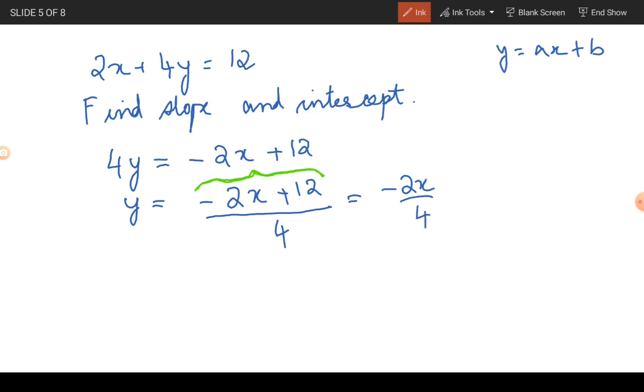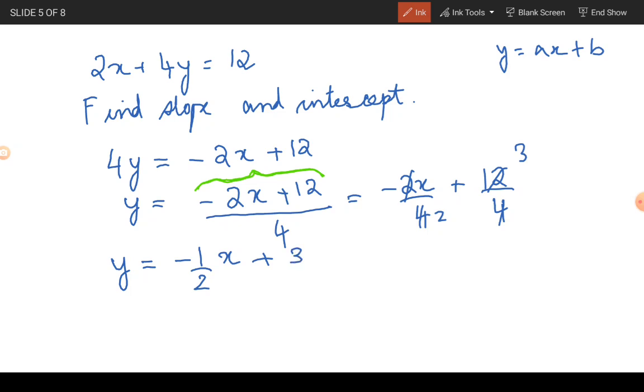So minus 2x plus 12 whole divided by 4 is equal to minus 2x by 4 plus 12 by 4. So I get y is equal to, since these cancel, minus half x plus this will cancel out to give me 12 divided by 4 is 3.